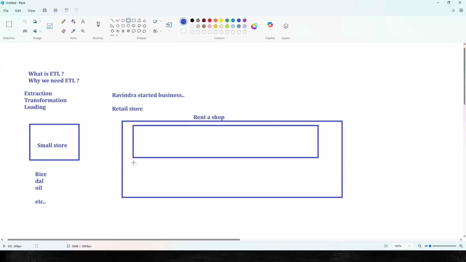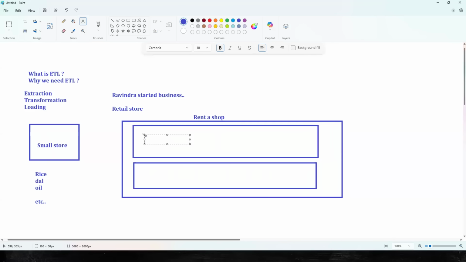I'm keeping it as a very small example so that you will never forget it.